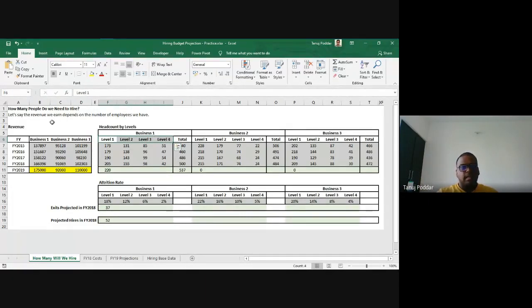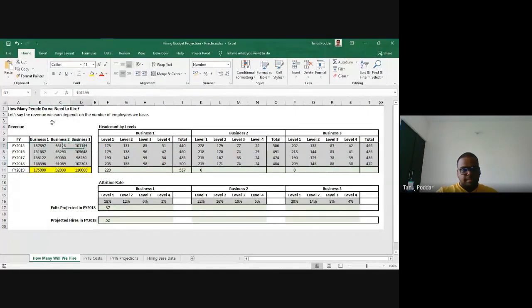That kind of breakup is what I mean when I say level 1, 2, 3, and 4. What you see here in the first sheet in the gray cells is what we are starting with. We know the revenue that the business earned in fiscal years 15, 16, 17, 18, and you know what the total revenue was business-wise, and you also know what the headcounts were. So you had 440 people, 460 people, 486, 500 people for business one, and this corresponded to this particular revenue.